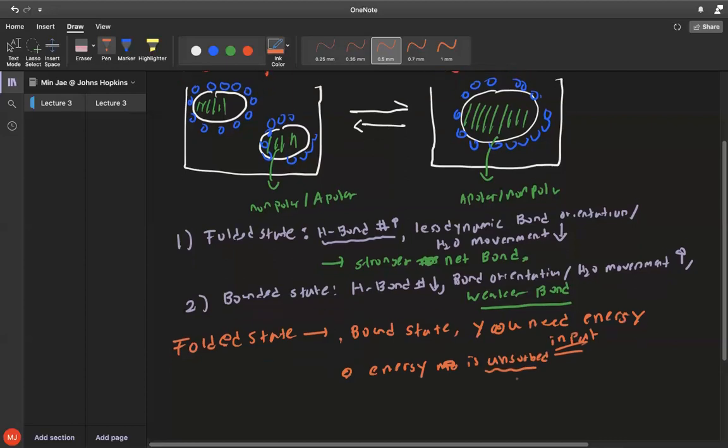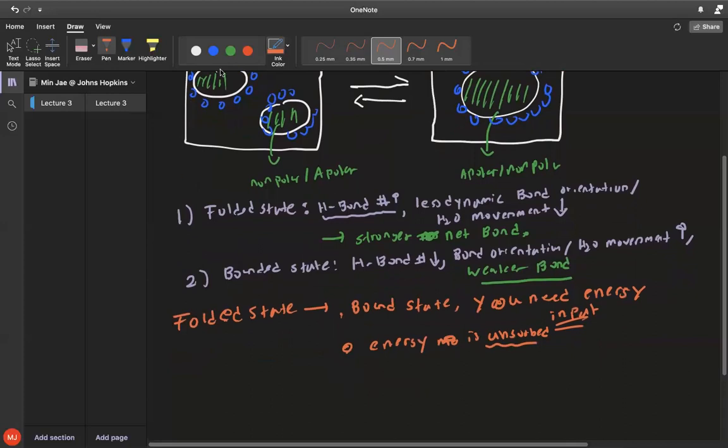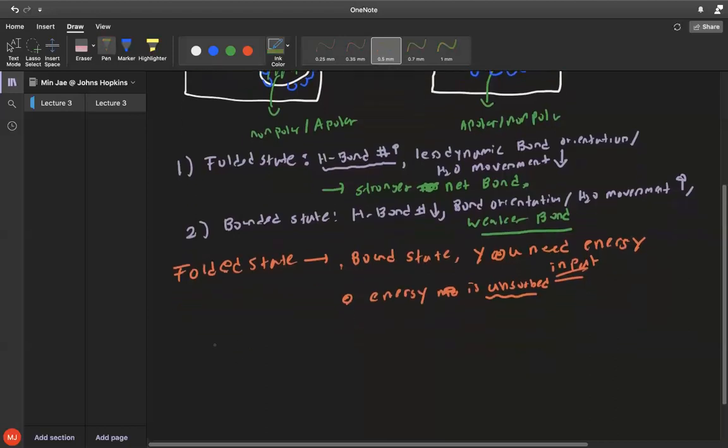We can express this transfer in energy between the two states as the change in enthalpy. Since we have a delta sign here, it means a change.